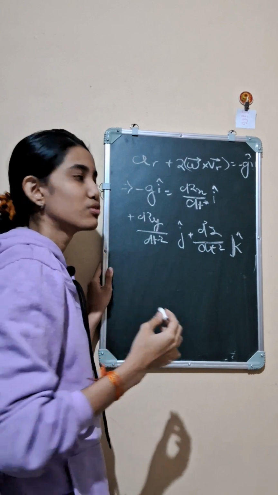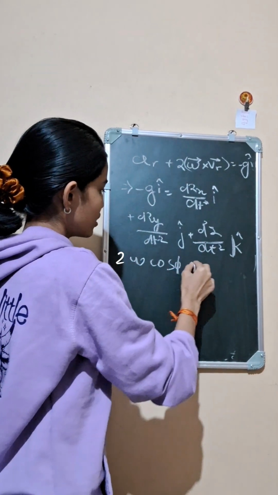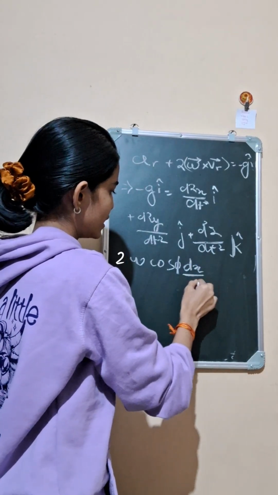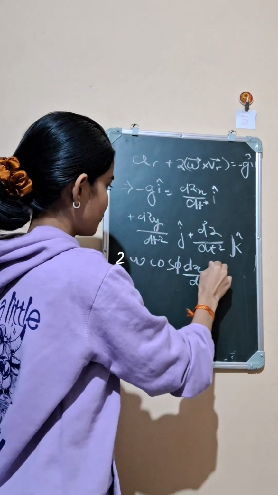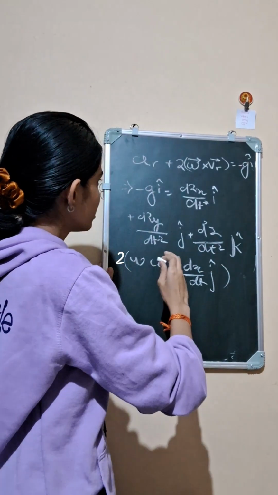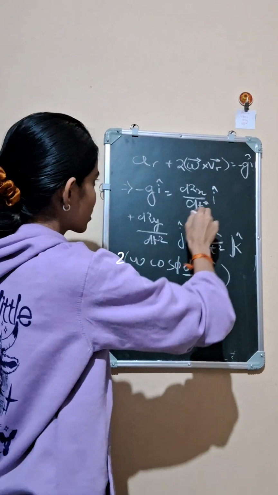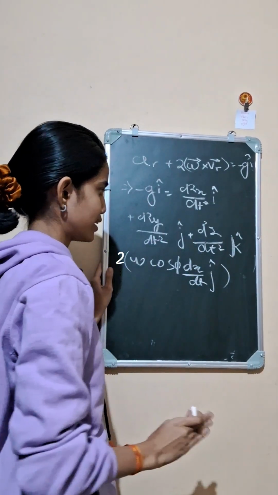AR has 3 components now, and we have found the value of 2 omega cross VR was equal to omega cos phi dx by dt j cap, right. So now we can just compare the left hand side with the right hand side, right.